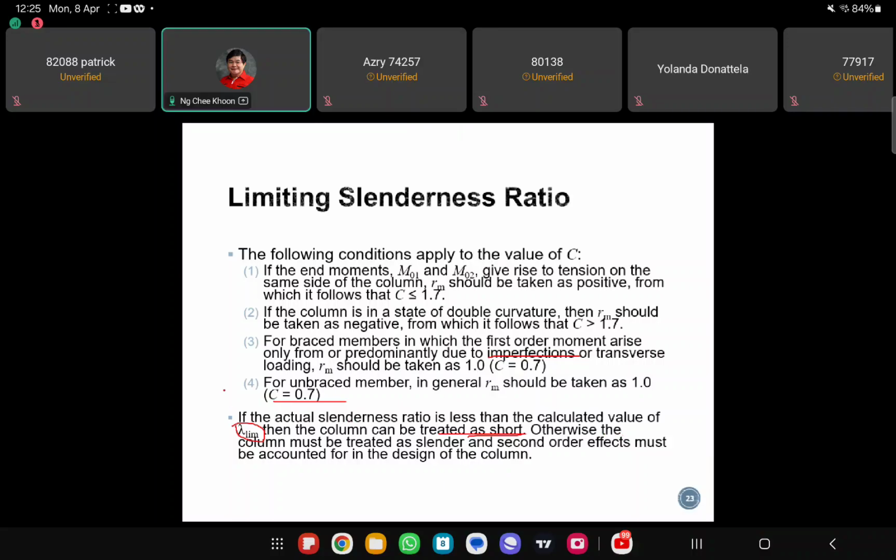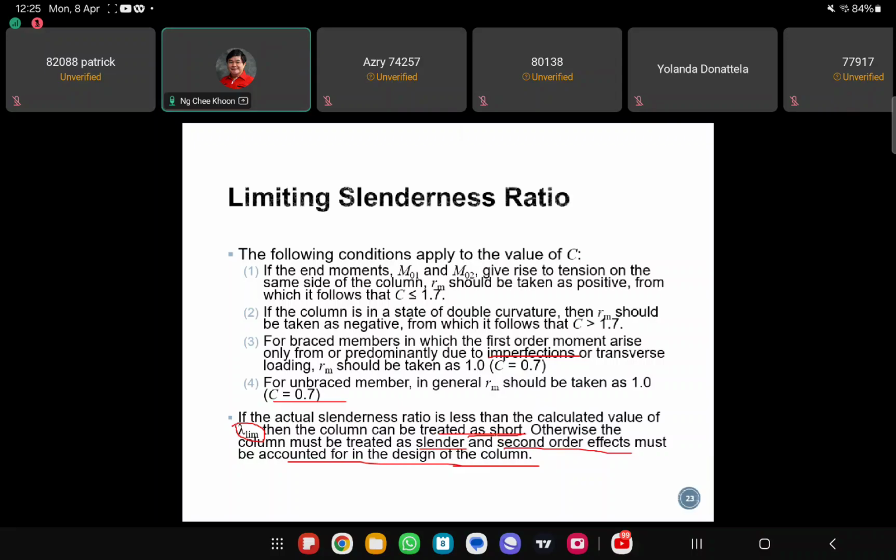So if the lambda of your column is greater than lambda limit, then it becomes a slender column. So for a slender column, there will be second order effects arising from the deformation. So you will have the second order moments, right?